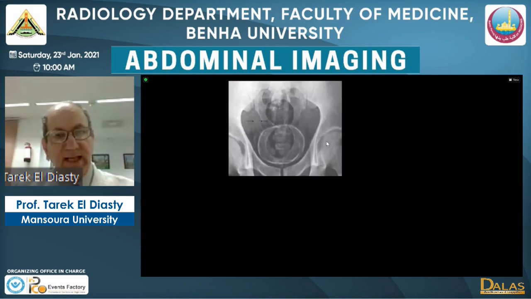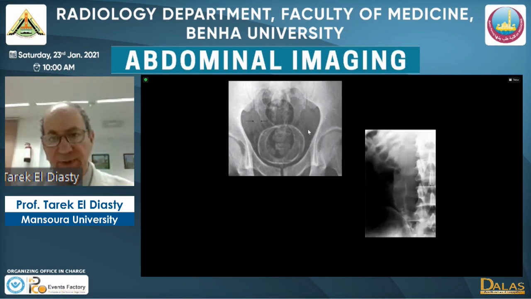Just to mention that the calcification of TB has its own features. It's not like that of bilharziasis. In bilharziasis, the calcification is usually in the bladder and the ureter, and in TB it is in the kidney and upper ureter.